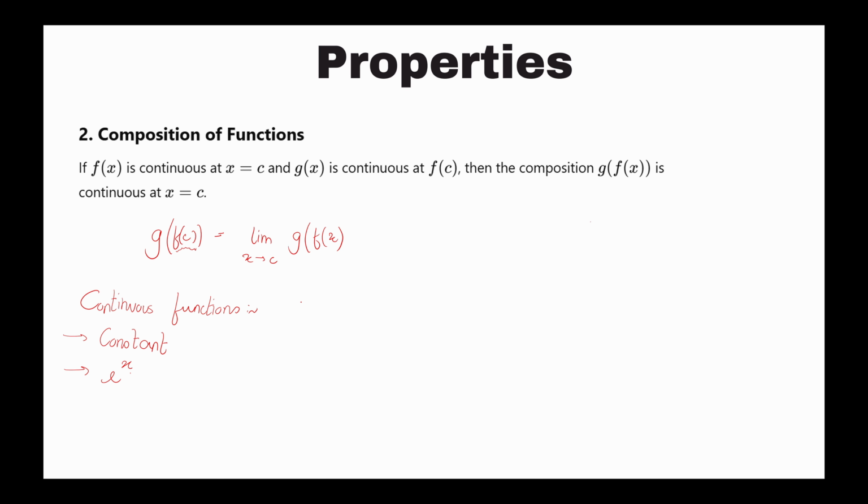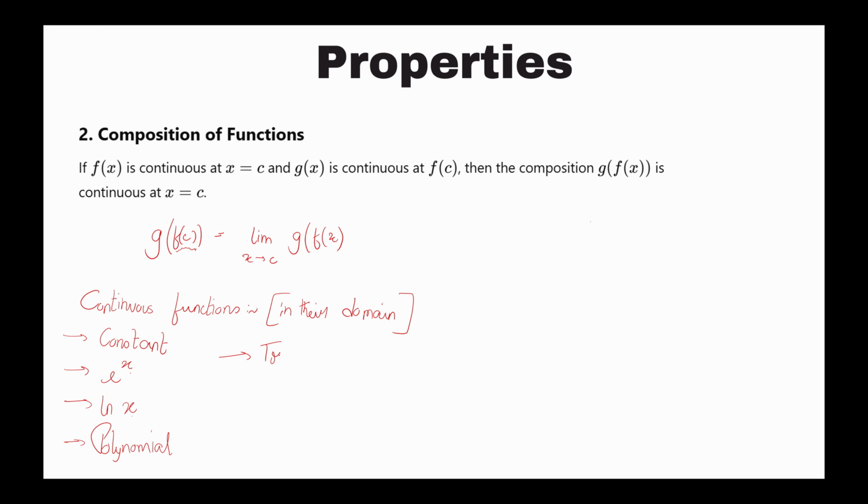Now these functions are continuous in their domain, so you must remember this. If I take anything outside their domain, of course, it is going to be undefined for that function, so I cannot say whether it is going to be continuous there or not. So these are continuous functions in their domain. ln x is another one. Any polynomial function is always continuous.